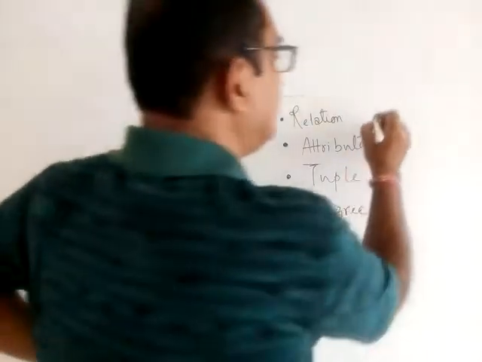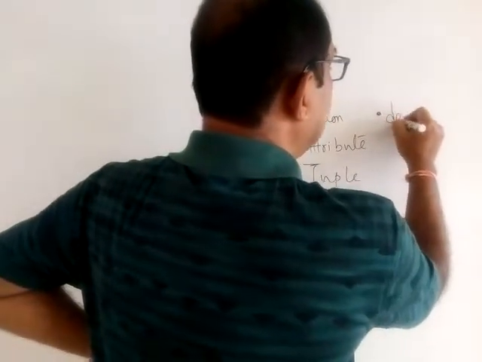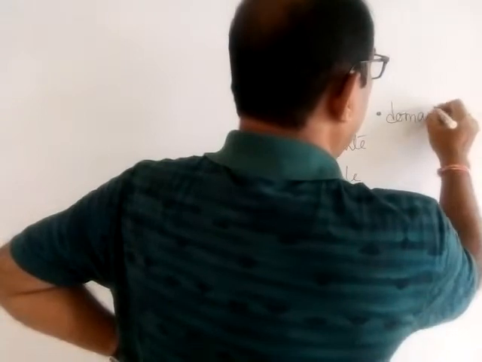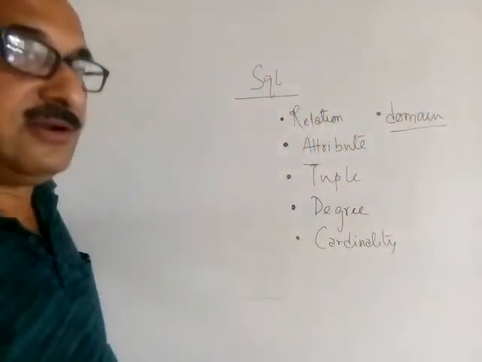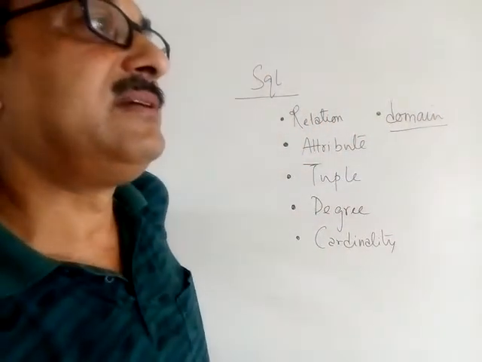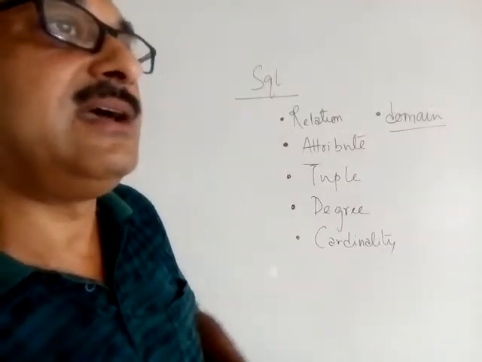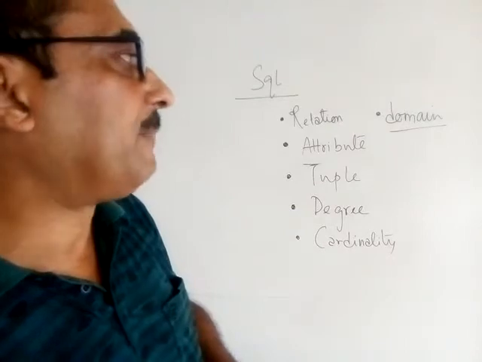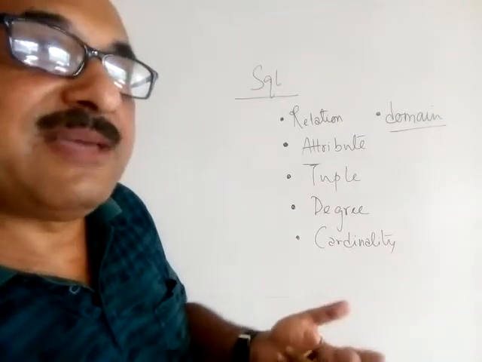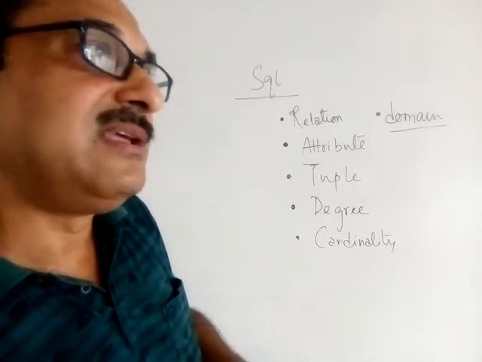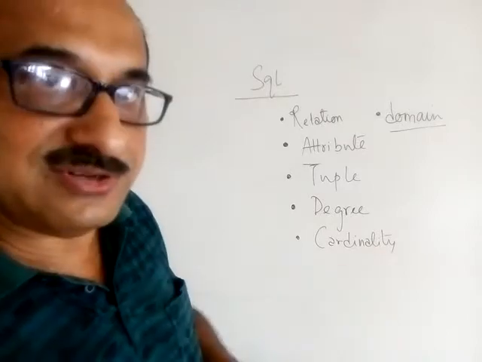Another term which I don't think I told you in class 11 is called domain. What is domain? Domain is basically a range of correct values which can be given for a particular field. Those of you who have done MS Access, you have seen that you can restrict the values in a column.